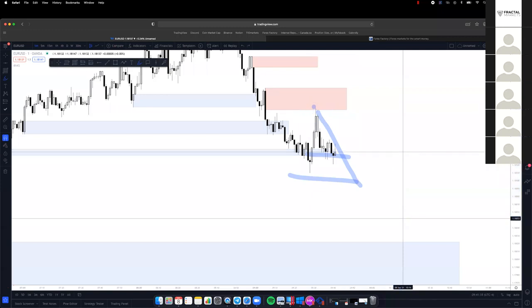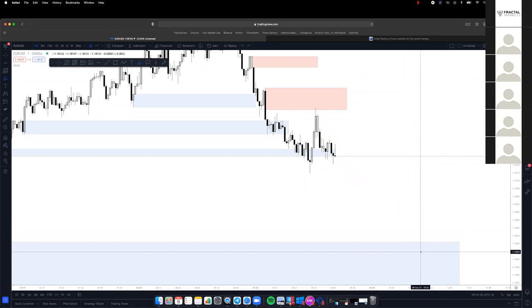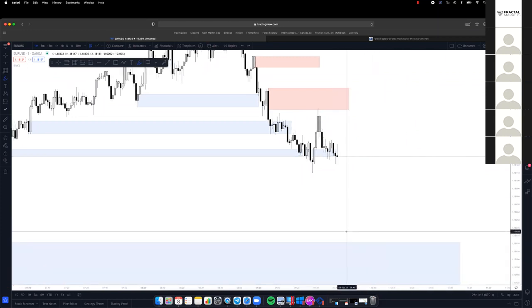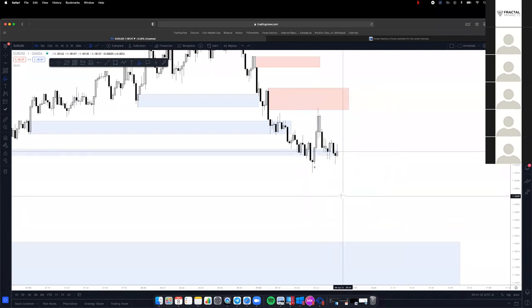But ultimately, anytime that I see a tap into the zone, let's say 10-15%, I usually consider that to be mitigated, and it's kind of game over for that specific order block.